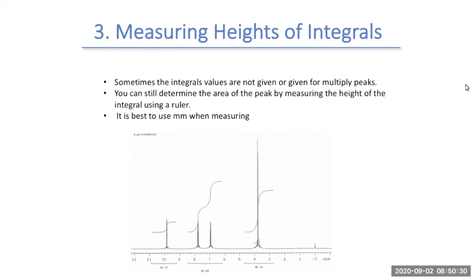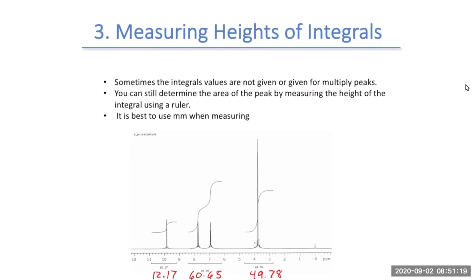So we can see in our example spectra here, our first peak integrated to 12.17. The next integration covers 2 peaks. It integrated both peaks as 60.65. And then our final integration was 49.78.